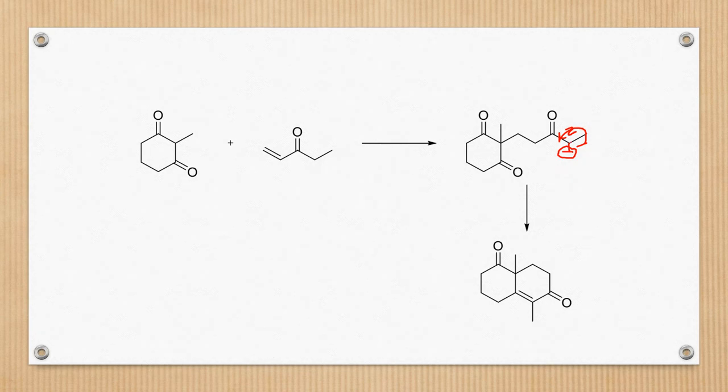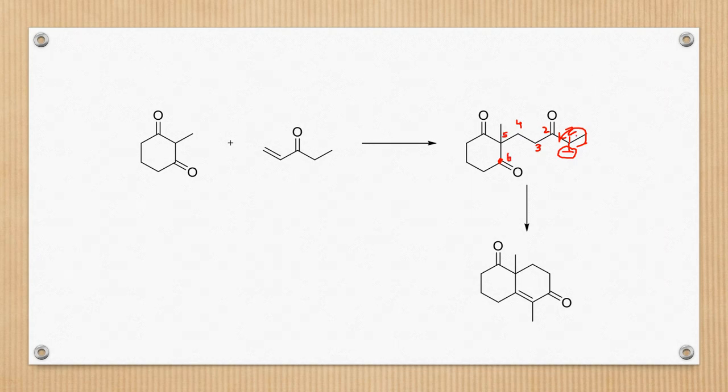Then what? After the generation of this negative charge, there is a ketone present here. This is the electrophilic center. If you count, this is one carbon, two, three, four, five, and six.